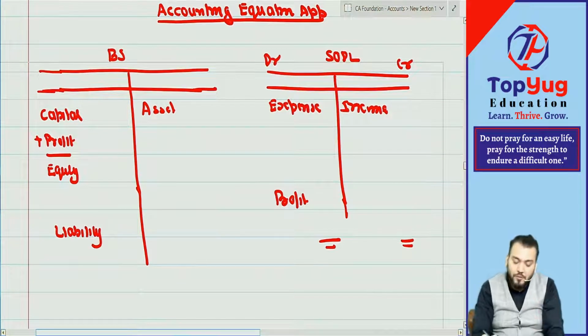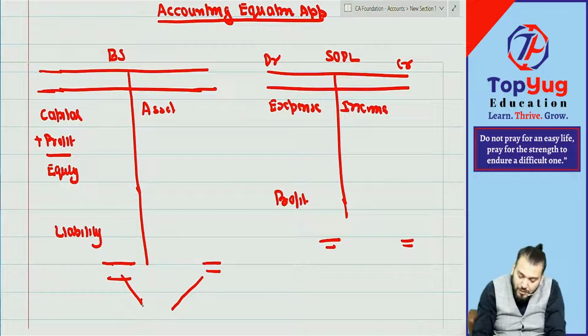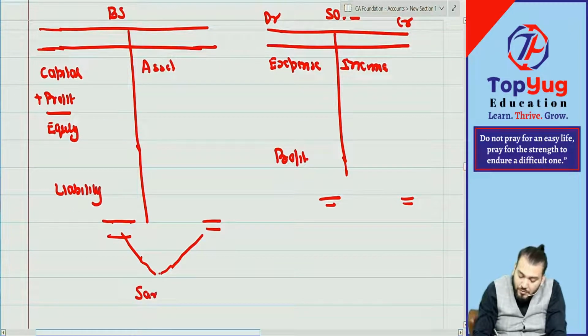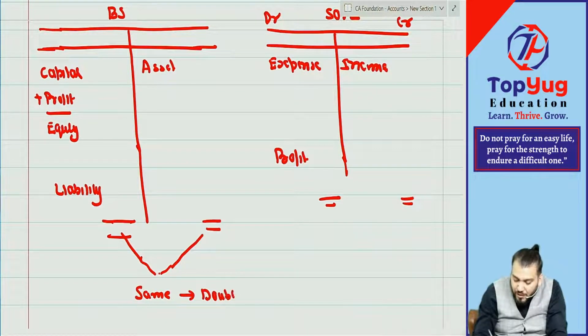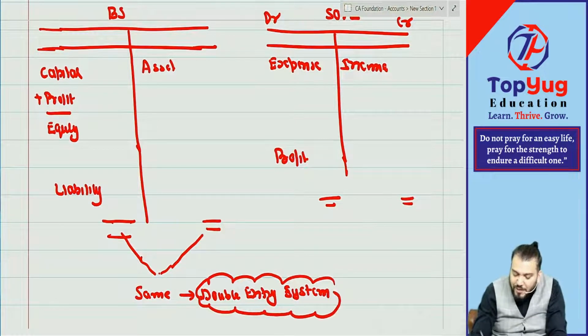And what is the rule? The total of these should be the same. Due to which system? Can I say we are following the double entry system? Double entry system, or we can say dual aspect concept, because we are recording two aspects, so ultimately these two match.